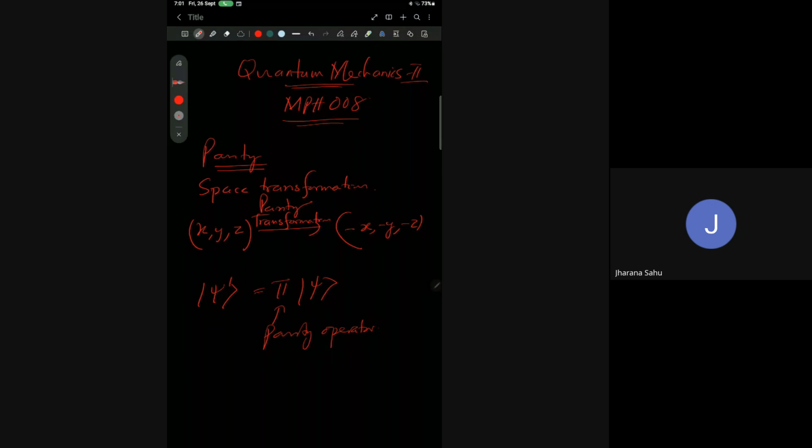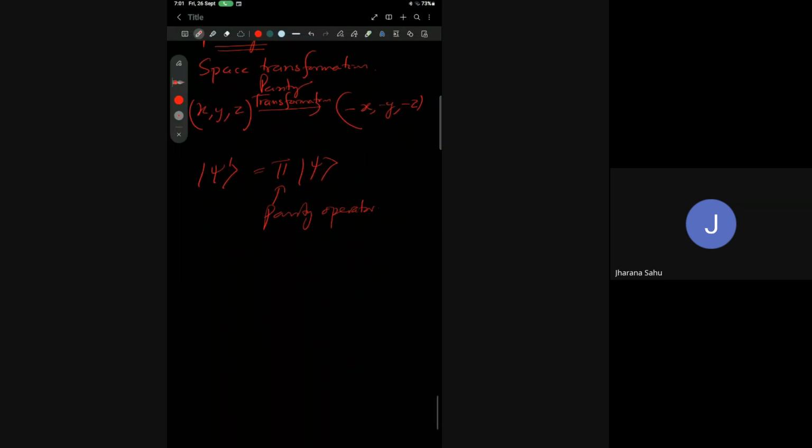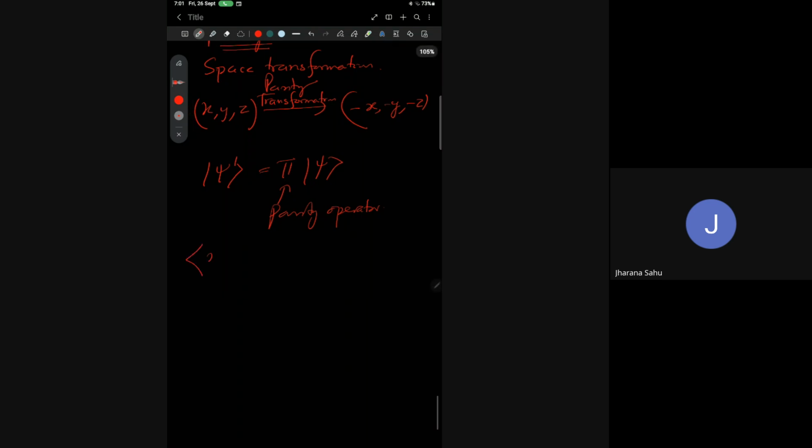Then if I find the expectation value, the expectation of x in psi prime will be equal to minus the expectation of x in psi, and similarly the expectation of y in psi prime will be equal to minus that of y in psi.